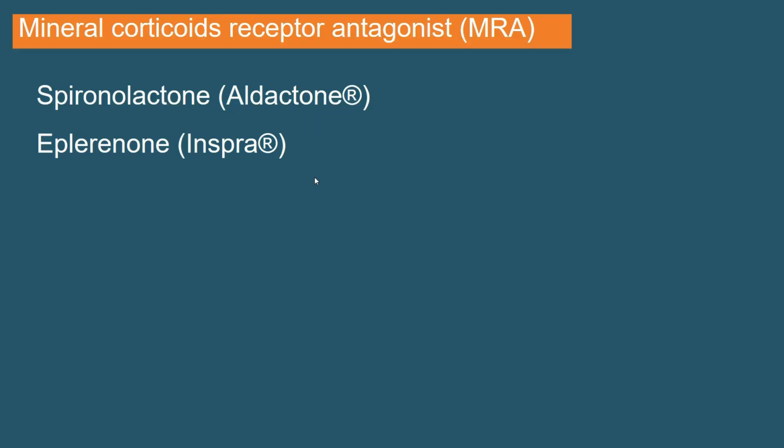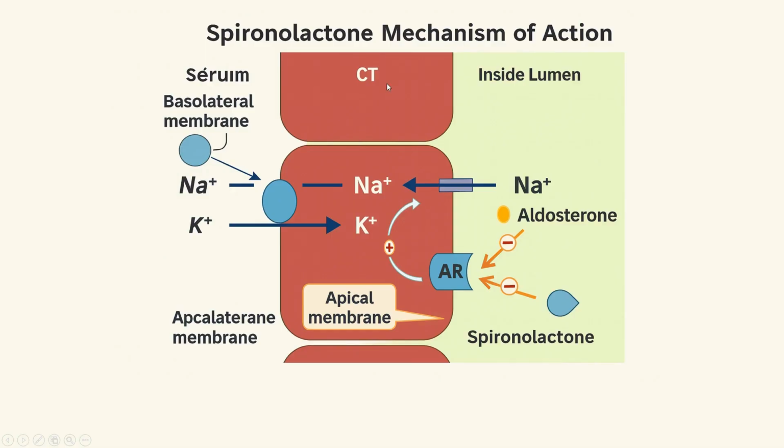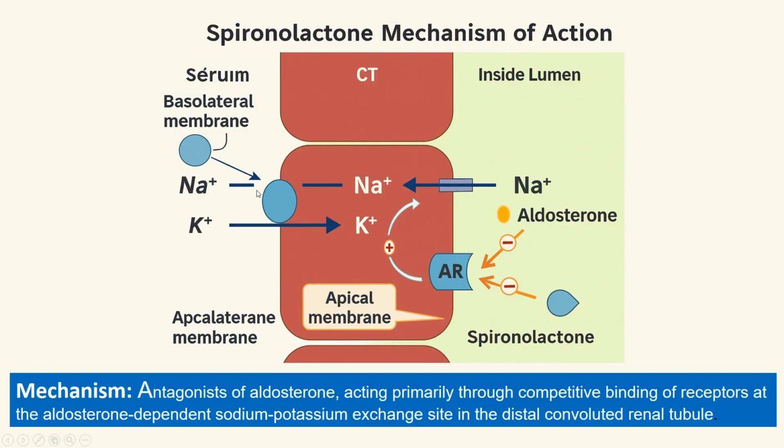Next class of medications are known as mineral corticoid receptor antagonists, which are MRAs. Their most popular drugs are spironolactone, brand is Aldactone, and eplerenone, brand is Inspra. So these medications are very popular because they do prevent the calcium, potassium and sodium ion channel.